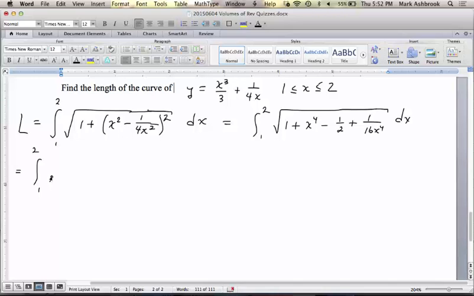All right, so we simplify that on the inside. And we'll have x to the 4th plus 1/2 plus 1 over 16 x to the 4th, dx.